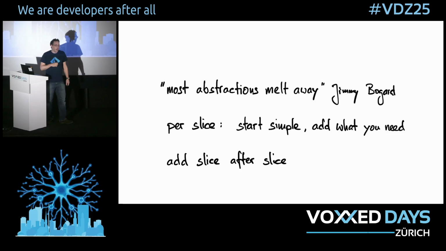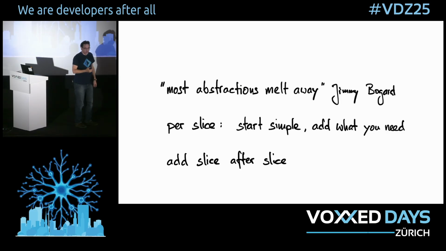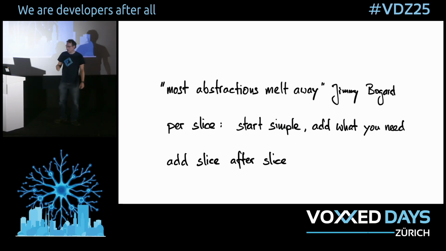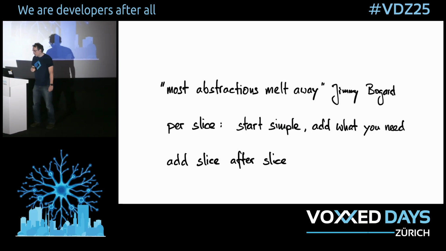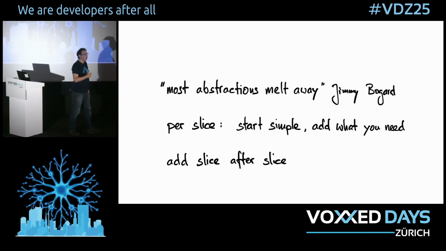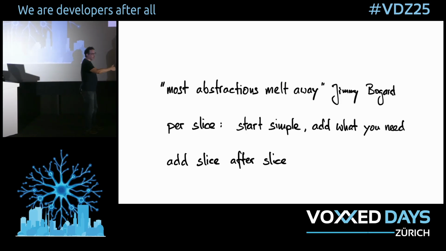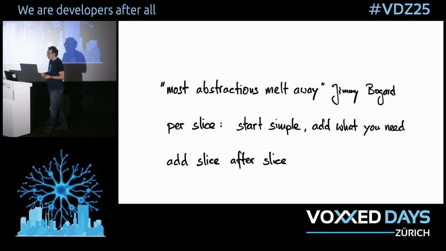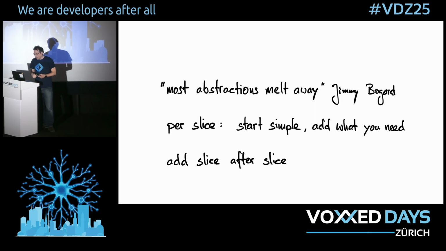Start simple, add something when you need something. Add an abstraction when you really need it, not just because it was written in some blog post. And the nice thing is we can write our system slice per slice or feature by feature. That matches at least how we build our system.